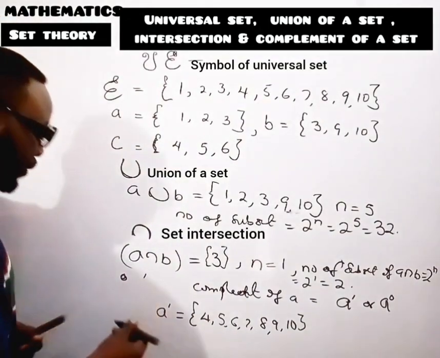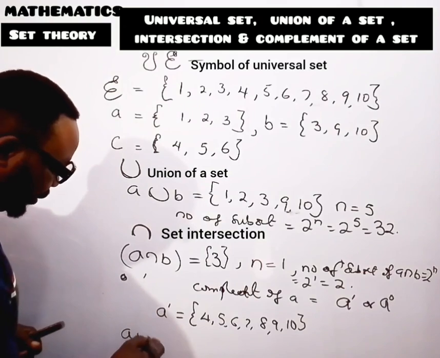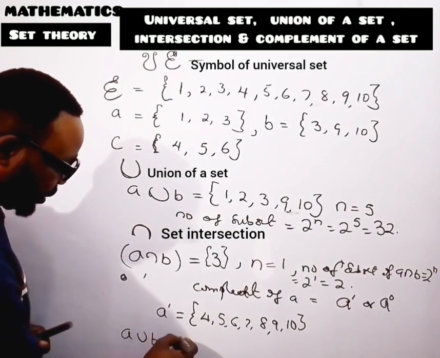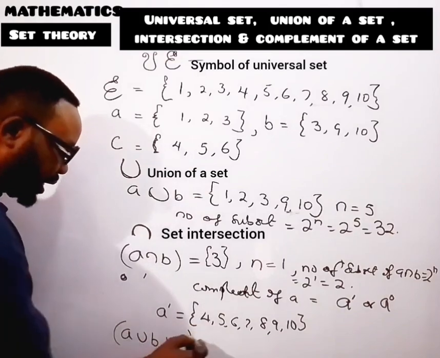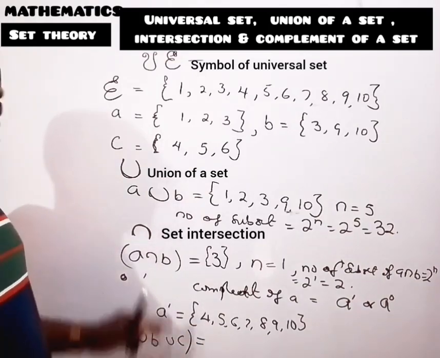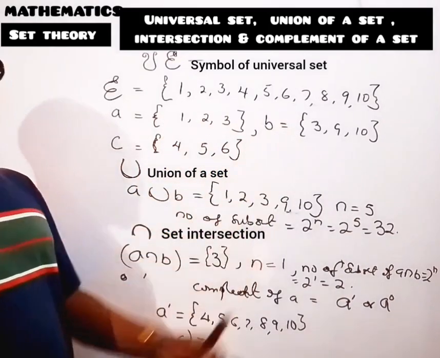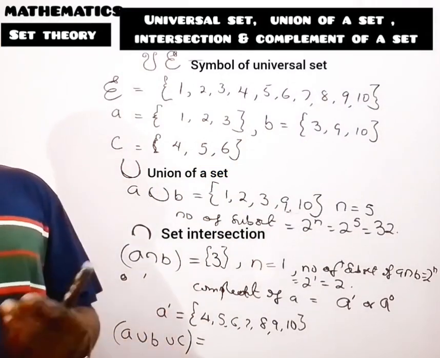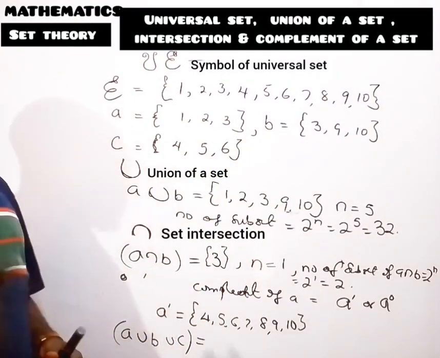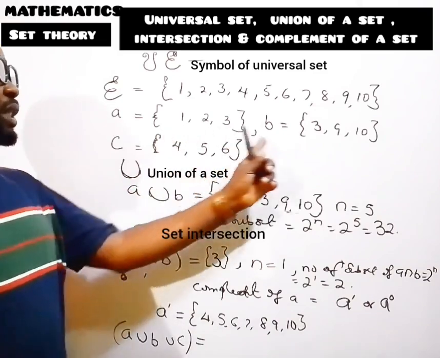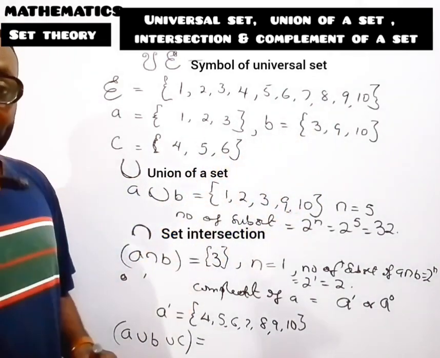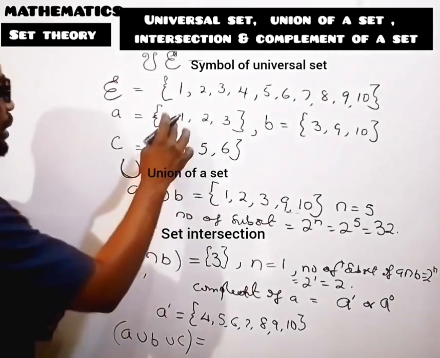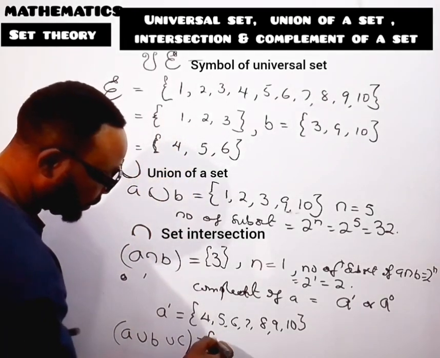Now, let's also find the value of A union B union C. I want to make use of something here. You can see that I'm making use of the 3 of them together right now. A union B union C is all the elements that we have there. Take note, if an element is mentioned more than once in the sets, you only take one of them. Now, what are those elements?